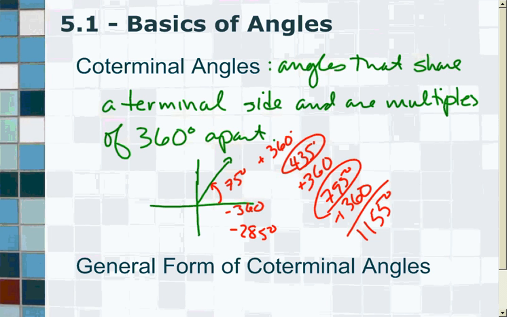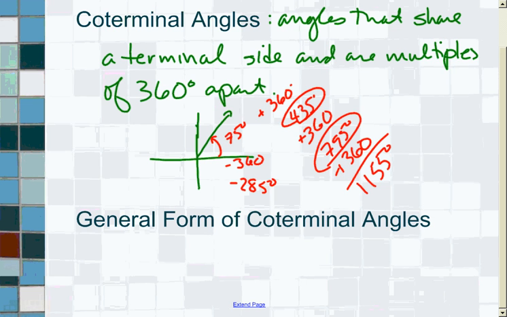Now the general form of coterminal angles, we don't do it so much here, but you will use this in pre-calculus. You'll use it in calculus. Well, if you ever drive cross country, I'm sure you're going to use this a couple of times. So it's going to be angle, like in this case, 75 degrees plus 360n degrees, where n equals the number of rotations.